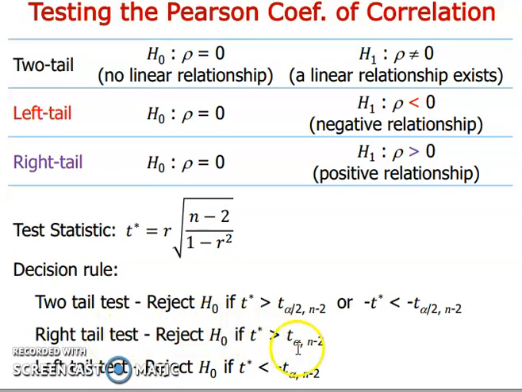On the right tail, we reject if it is larger than t alpha, n minus 2. This is not alpha; it should be alpha over 2 because it is a two-tailed test. But for the one-tailed tests it is alpha, because it is a one-tailed test. And this is the decision rule.